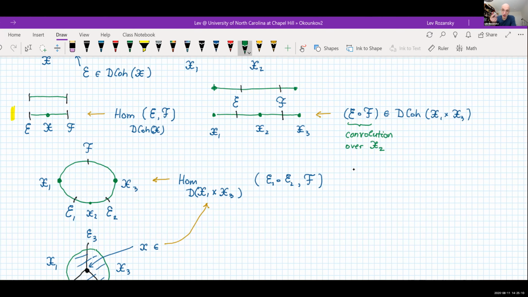Now we have two one-dimensional manifolds whose boundary is these two green points. One is this sheaf F, and the other is a convolution of E1 and E2. So to this green circle, one should associate the space of Homs between E1, E2, and F.